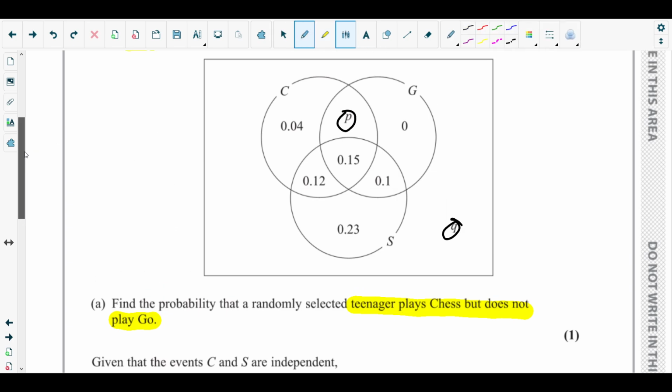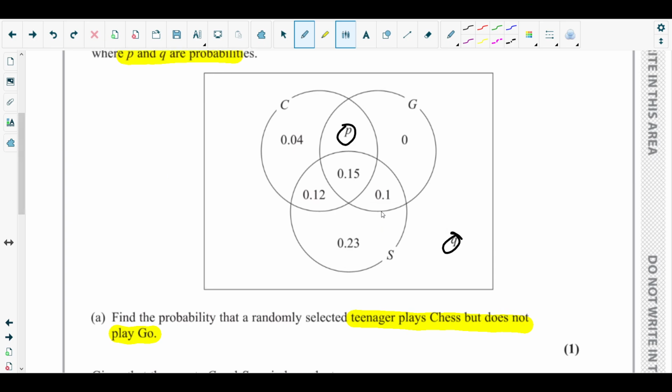Okay, let's check the Venn diagram. Plays chess. Where is chess? Here you go, chess. Chess is the whole circle, but does not play Go. So which part of chess is outside the Go circle? Which is 0.04 and 0.12.